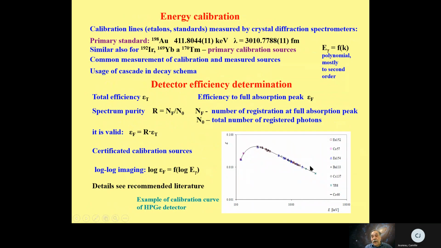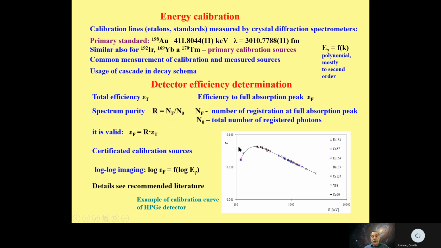Here is an example where these radionuclides and calibration sources were used, and it's possible to see that this full absorption peak efficiency is approximately a few percent.